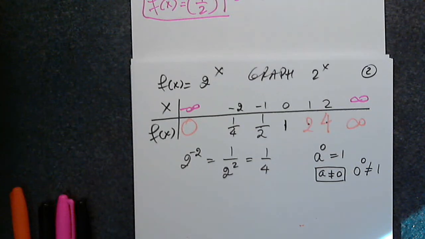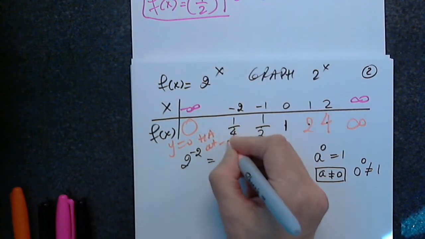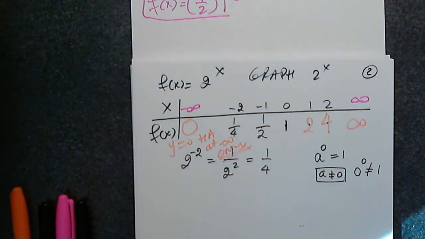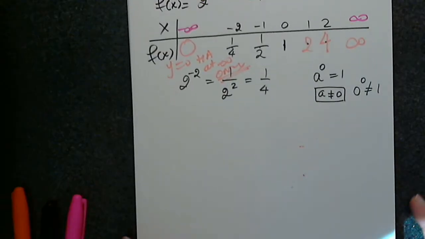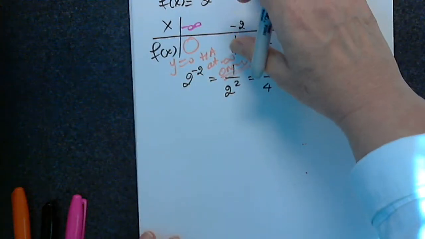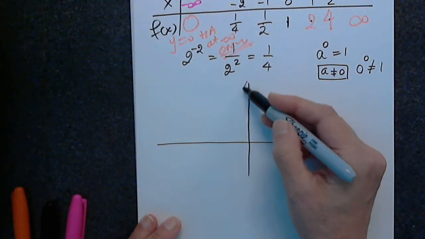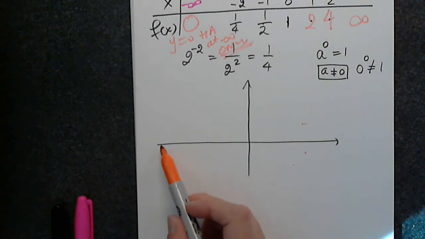We have never seen this before. So y equals 0, horizontal asymptote at negative infinity only. We are ready to graph this weird function that appears to be insane. No, not at all. Has a horizontal asymptote, but only at one end. We have not seen this before.